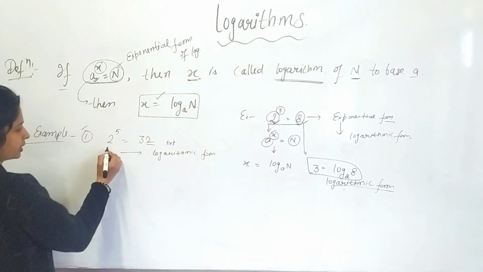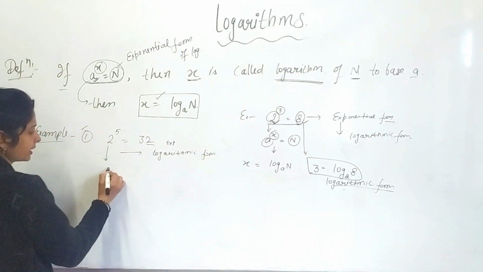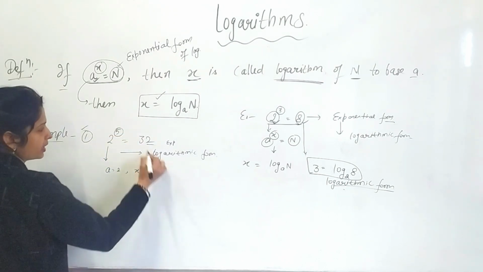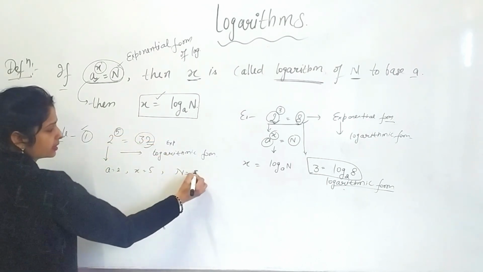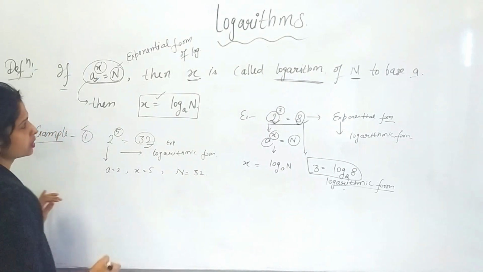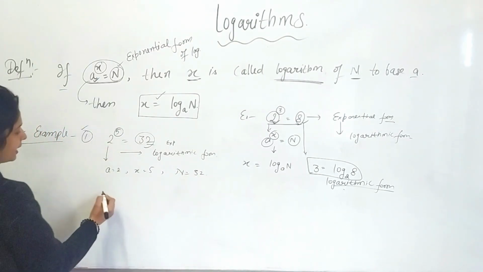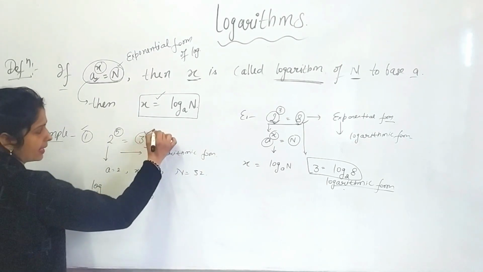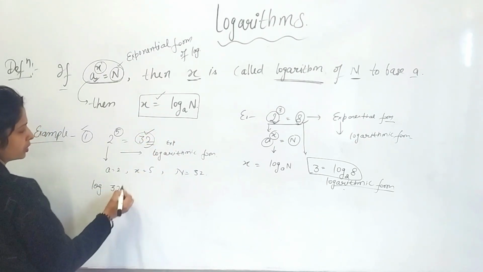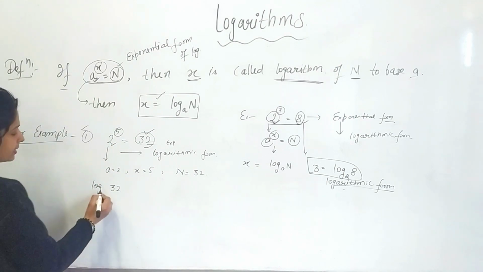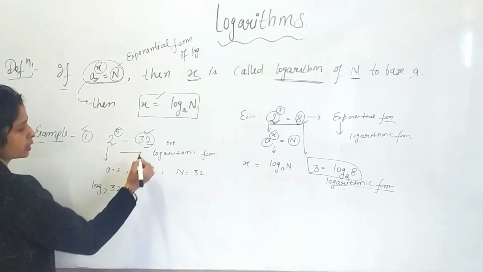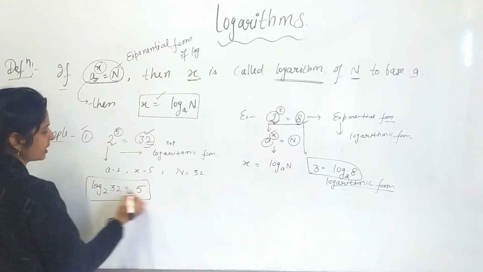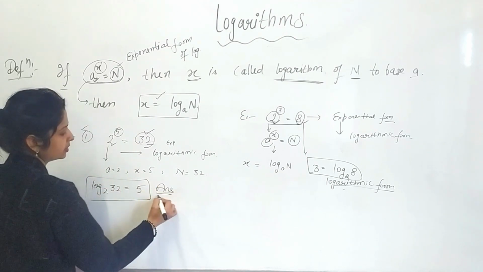Here a is 2, x is 5 and n is 32. So in the logarithmic form, logarithm of 32 at the base 2 will be equal to 5. So this will be our answer.